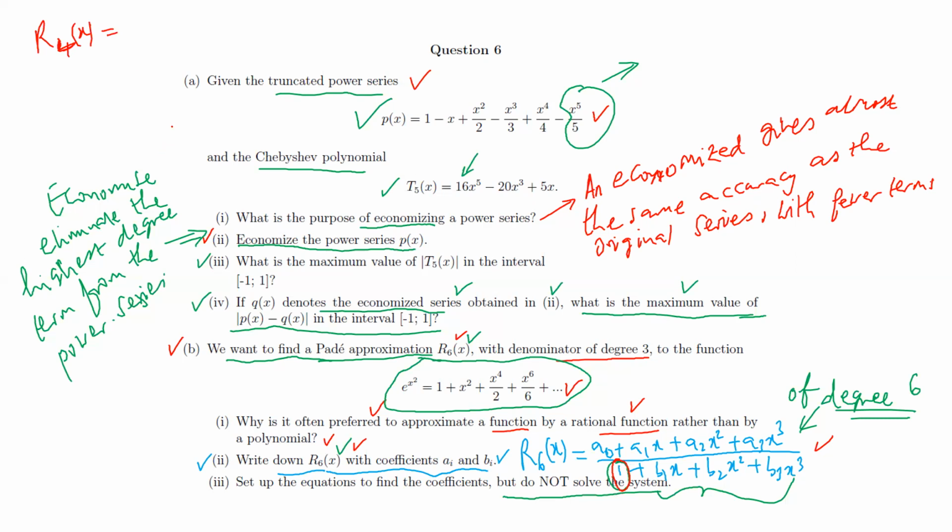What would the formula for R4 be? Okay, we did one last time. Just need to remember what degree it was. R sub 4 would mean that the denominator has degree 2.